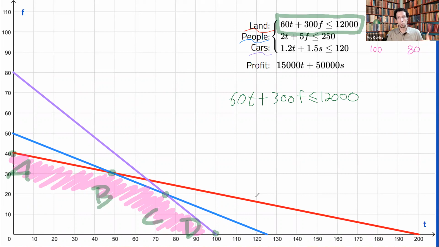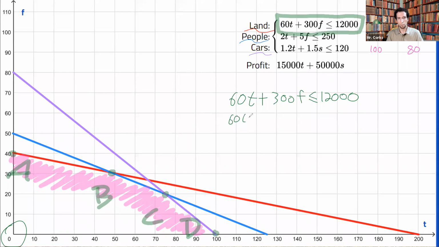So either we're shading everything above the red line or everything below the red line. Which one is it? Well, the easiest way to do this is to just substitute in the value 0, 0 for the origin. You can substitute any point you want, but if it's 0, it's going to be really easy.